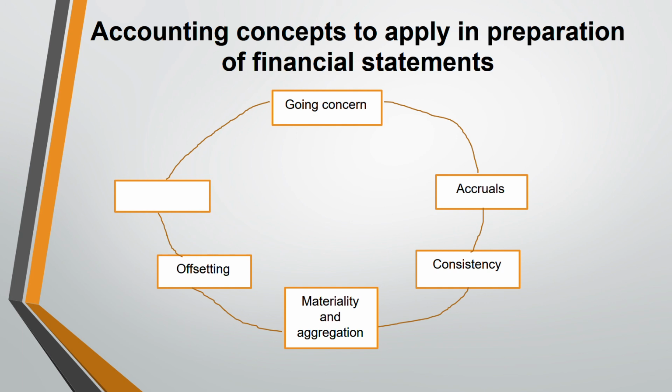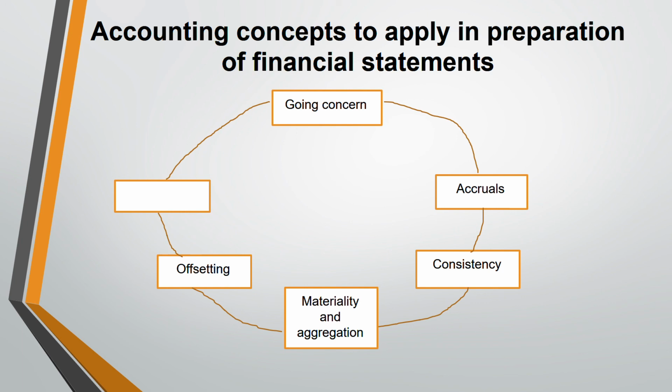Offsetting. Are you able to set off your assets with liabilities? So we prepare using an offsetting basis. Wherever you can offset, you offset, and then you show the net result. But wherever you can't, for example, assets and liabilities, you cannot offset them together. You have to show them separately: assets for assets, liabilities for liabilities.